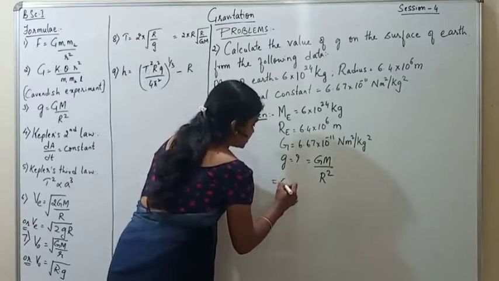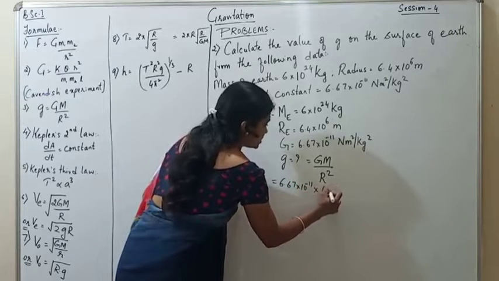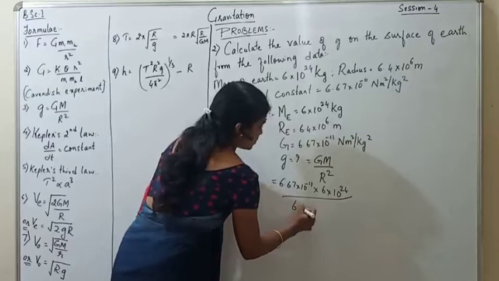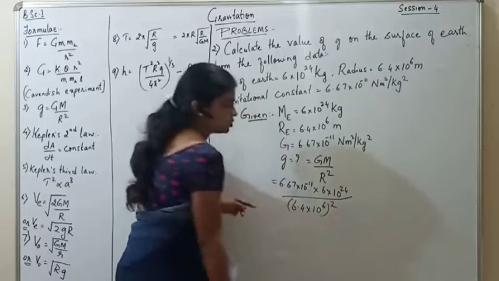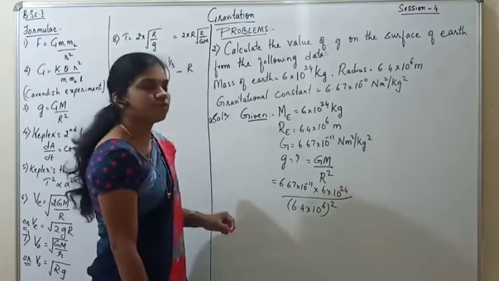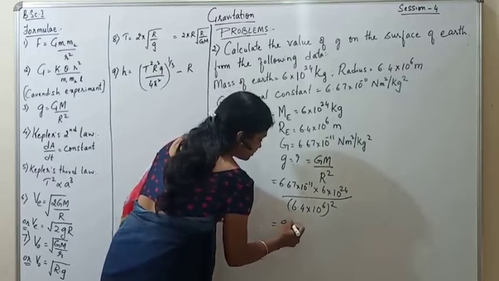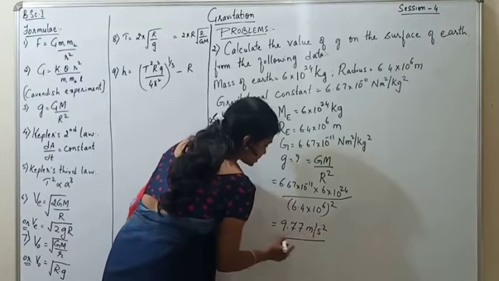So we have 6.67 into 10 raised to minus 11 into 6 into 10 raised to 24 divided by 6.4 into 10 raised to 6 the whole square. So using the calculator, if we try to find the value, we get the answer as 9.77 meter per second square.